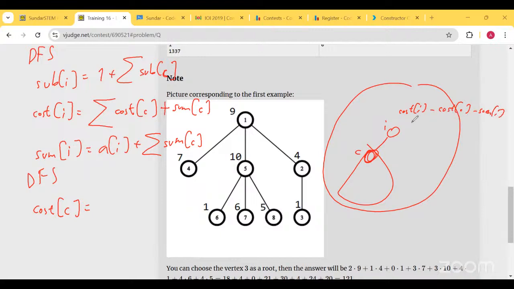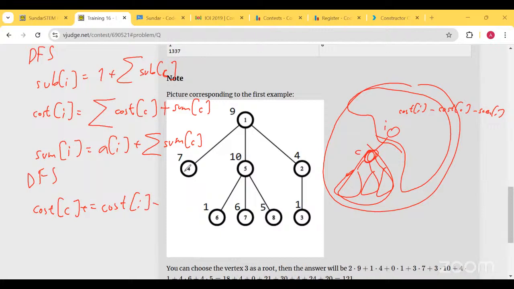It means it is equal to this subtree, because C already computed all of the subtree here, so just add by this, cost I minus cost C plus sum C.